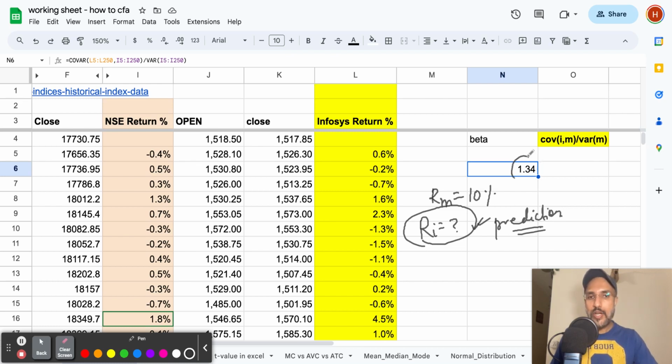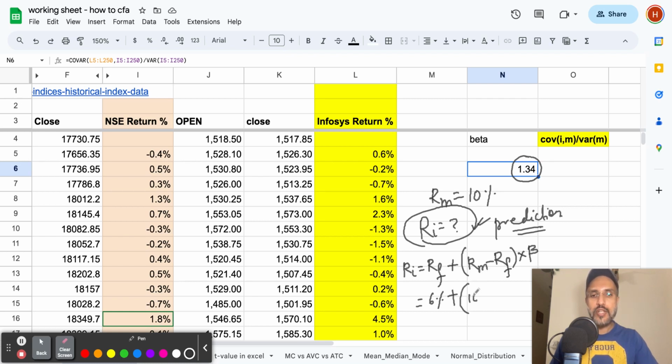You will calculate the beta of Infosys and use this formula: the return of a stock is equal to the risk-free rate plus (RM minus RF), which is the excess return of the market over the risk-free rate, multiplied by beta. So what is the risk-free rate? 6%, say for example, plus RM minus RF.